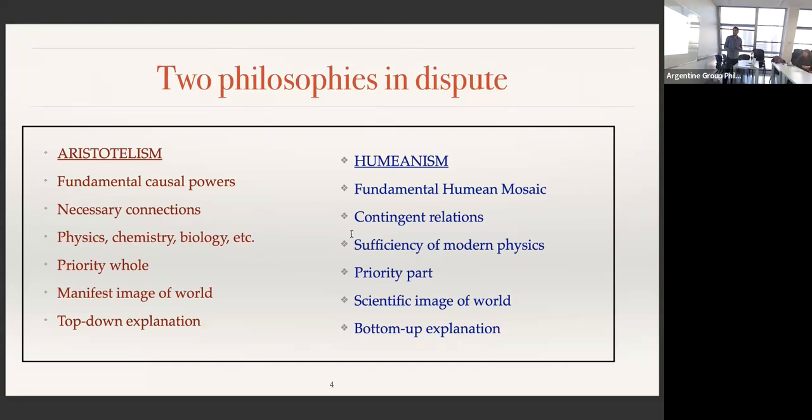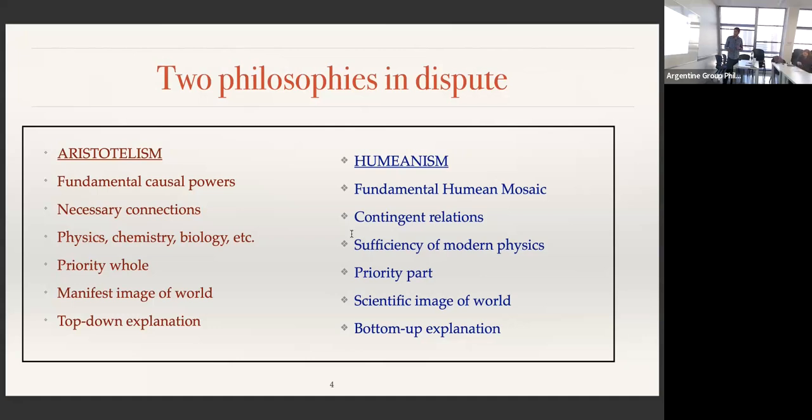Aristotelianism also tries to capture a broad body of knowledge that includes physics, chemistry, biology, and the rest of the sciences. It also considers the manifest image of the world as fundamental as the scientific image, and takes into account top-down explanation.